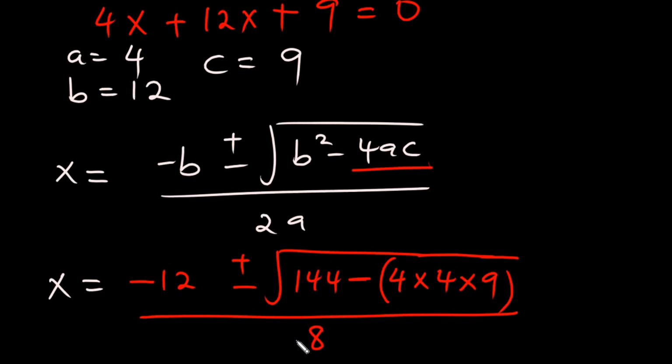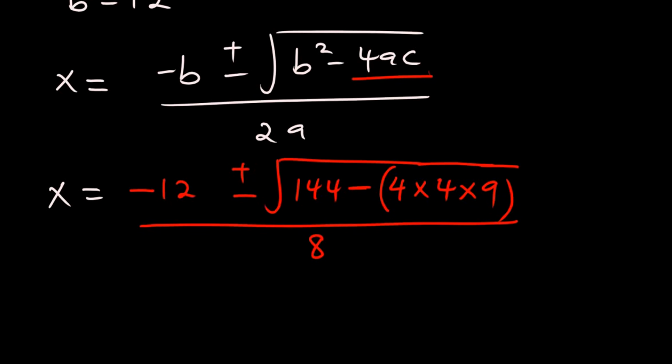So we can work this out. It's going to be negative 12 plus or minus, and let's work out whatever is inside this bracket. It's 4 times 4, 16, times 9, which is 144.